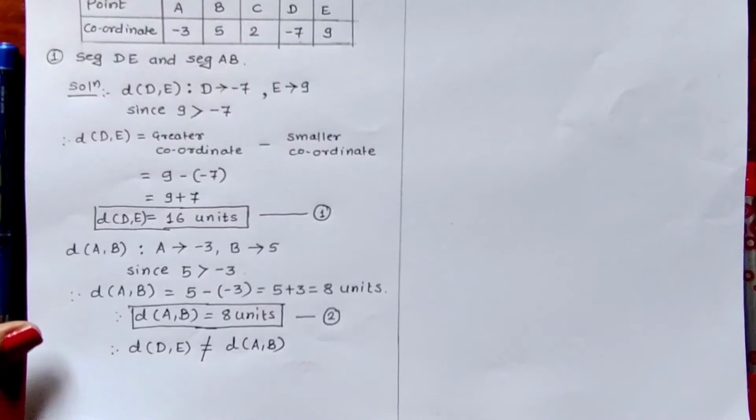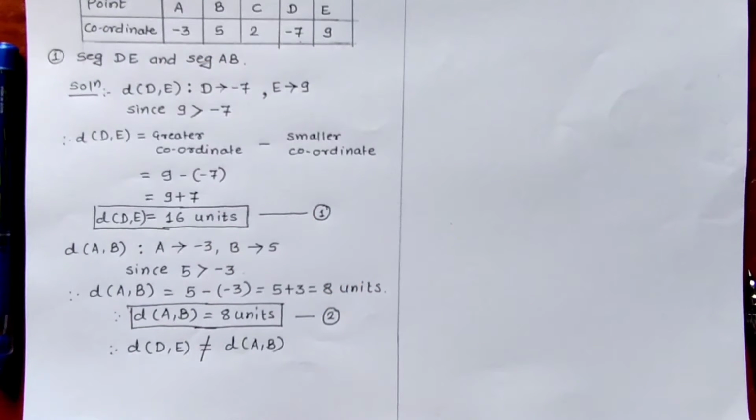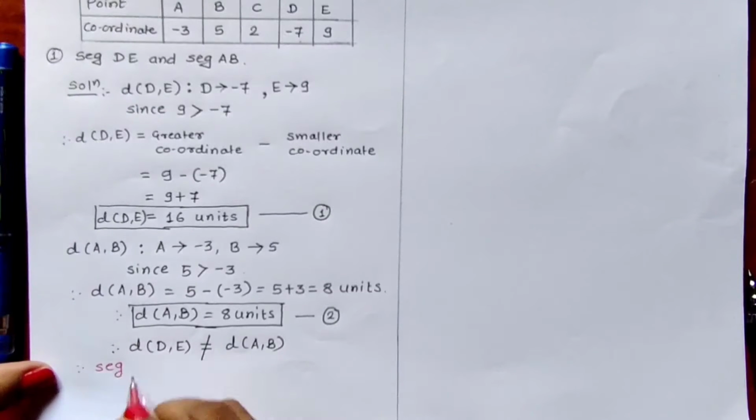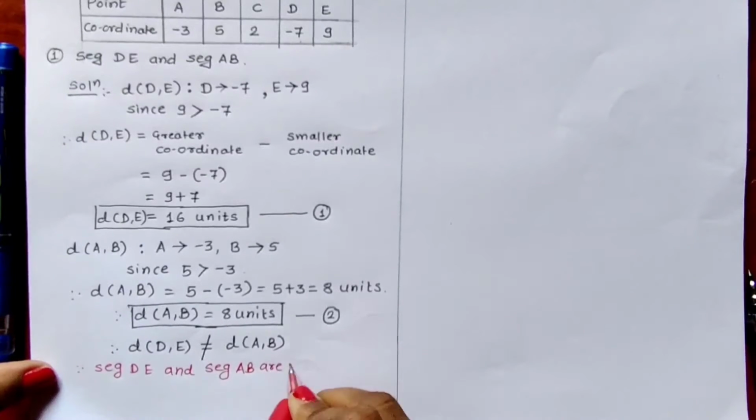As two distances are not equal, that means these two segments are not congruent. So we can write here, therefore seg DE and seg AB are not congruent.